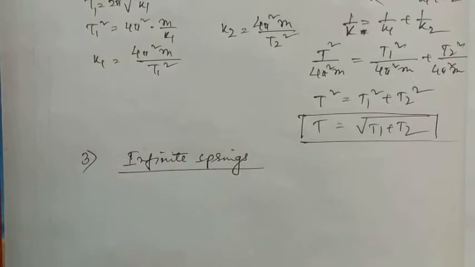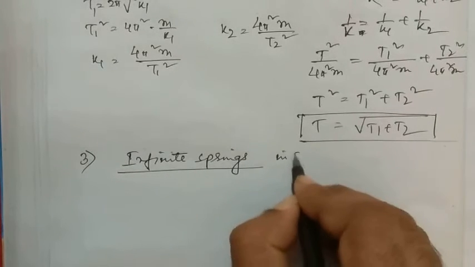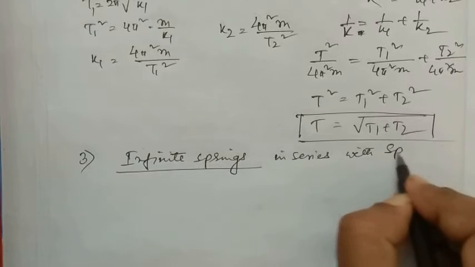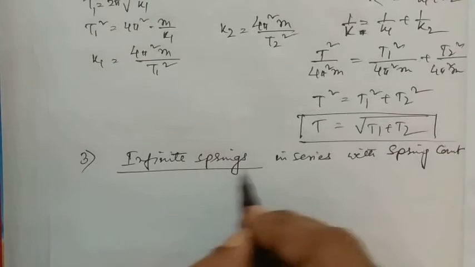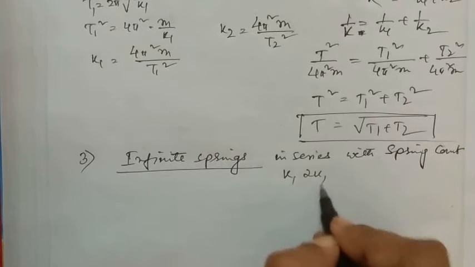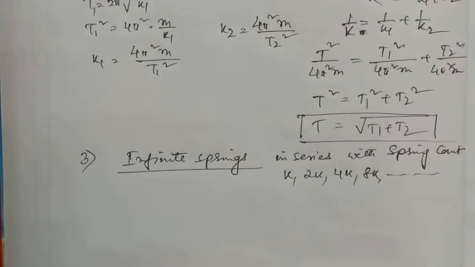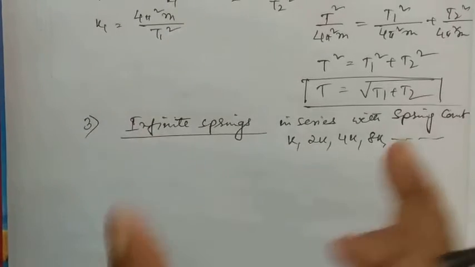They are respectively connected in series. So infinite springs in series with spring constants, suppose k, 2k, 4k, 8k, in this fashion. So calculate the effective force constant of the infinite springs.